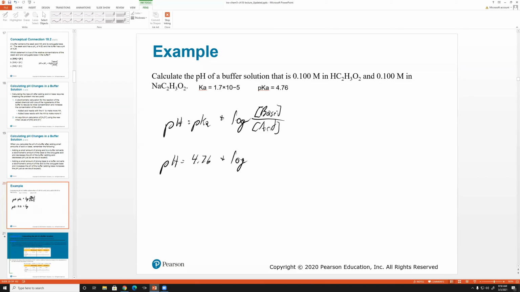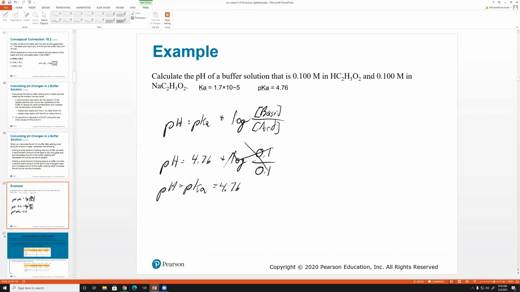The conjugate base in this case is the 0.1 molar sodium acetate, 0.1, divided by the acid, which is 0.1. 0.1 divided by 0.1 is 1. Log of 1 is 0. Therefore, your pH equals pKa, which is equal to 4.76.